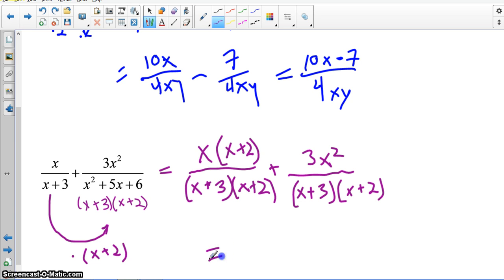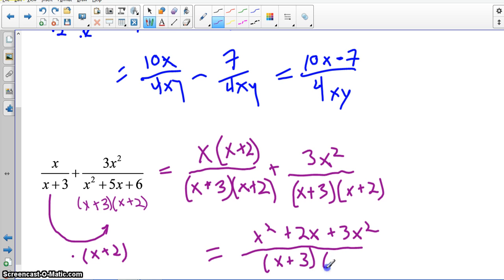So this becomes, so this plus this is, well, we should distribute, so x squared plus 2x is what the first thing is. We have plus 3x squared. We have the same denominator, x plus 3, x plus 2.